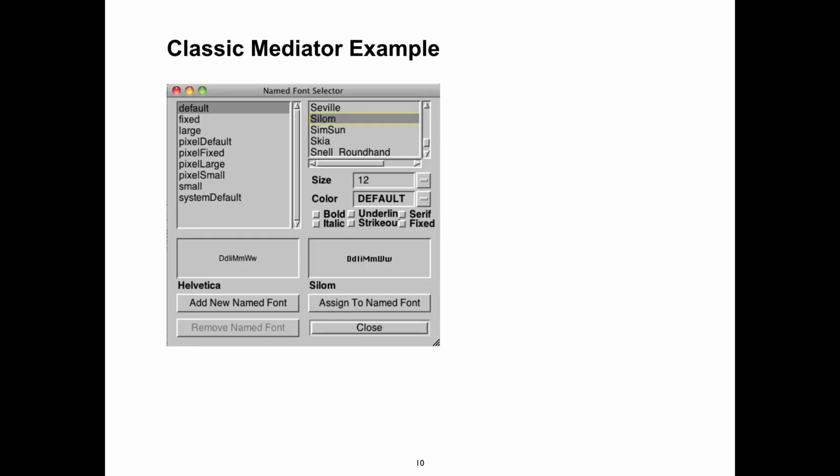And we can then see clearly that the mediator has to know a lot about the interacting parts. It has to know when I figure out a new font name, then I have to pop up a window so you type in the name of the font and that's added to this list.